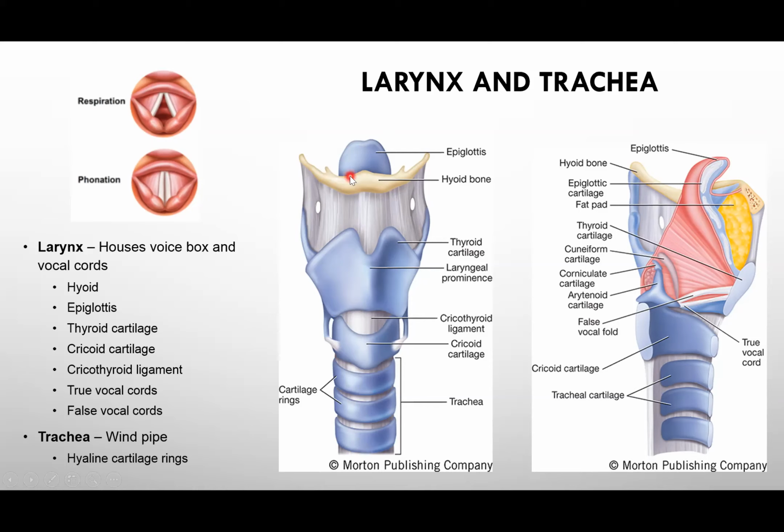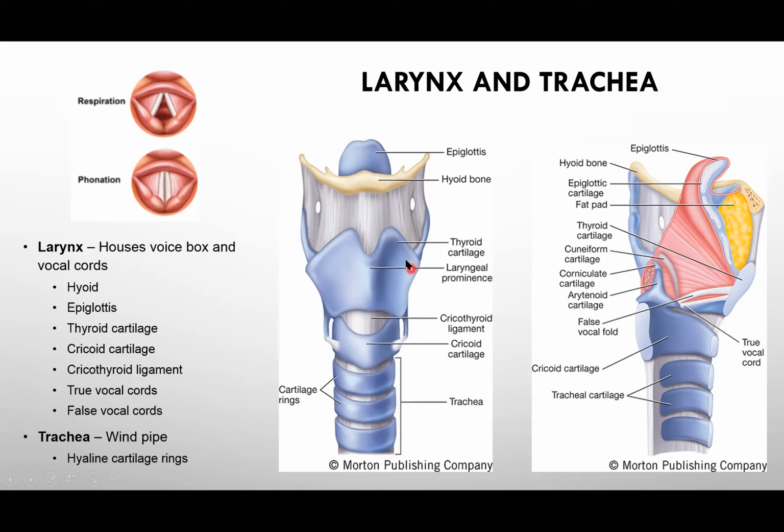And some of the structures within the larynx itself, so basically from here upwards, are things like the hyoid bone, which hopefully we remember is the only bone in the body that's not directly connected to any other bone. We have the epiglottis, which I just mentioned.